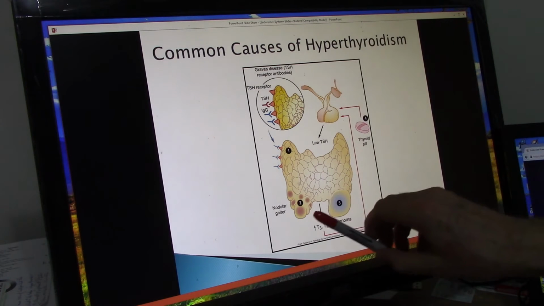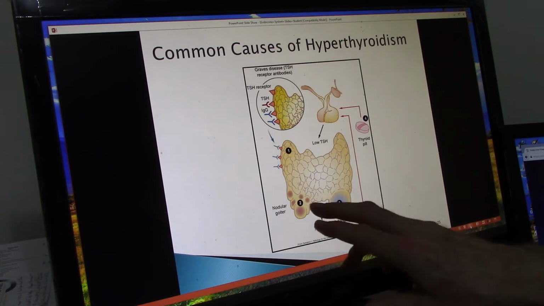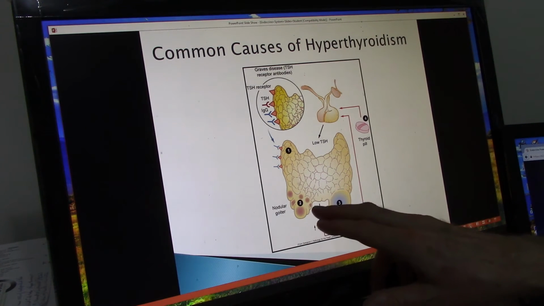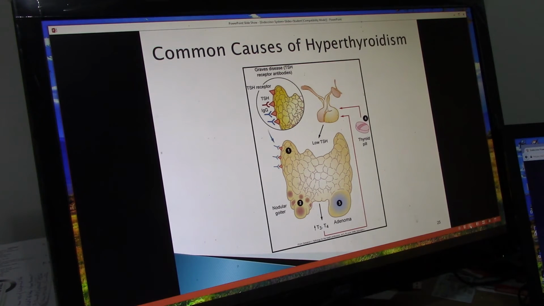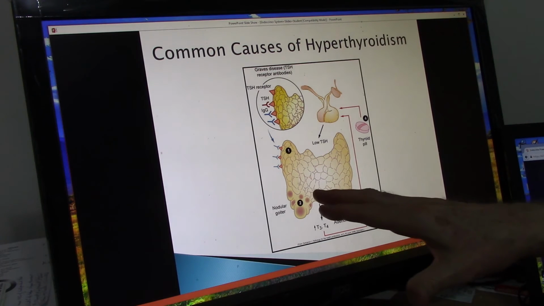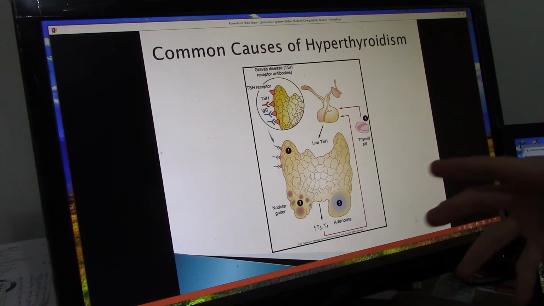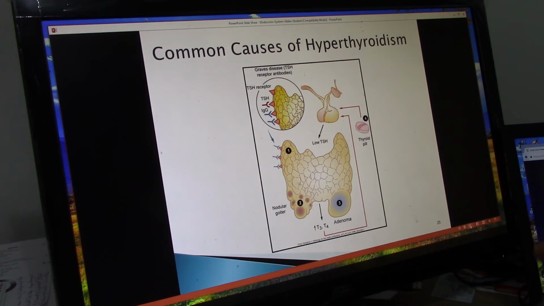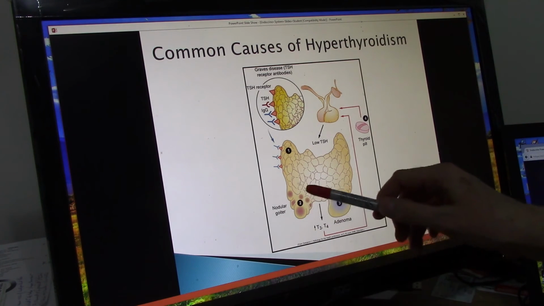Or you could have a nodular goiter. And one of the cases that we sometimes see this is in pregnancy, because the patient, when she is pregnant, is going to use the thyroid hormone to support all of the metabolism that's going on. And the thyroid can get a little bit overactive during pregnancy, and then after the delivery, you're still left with some nodules there.